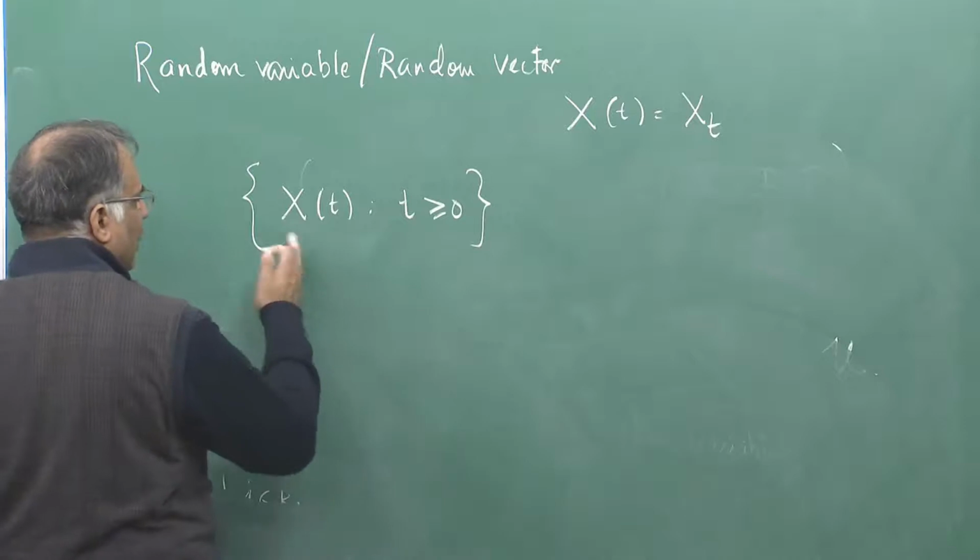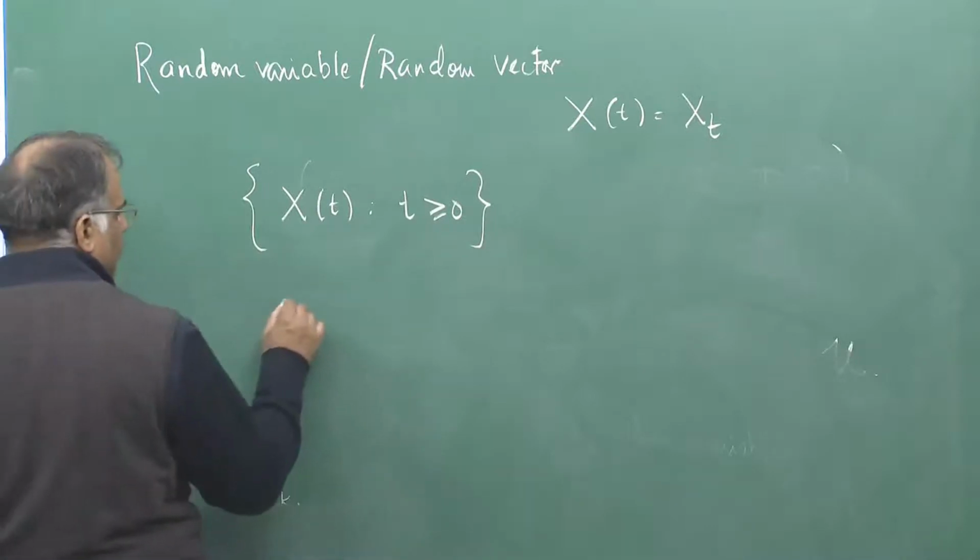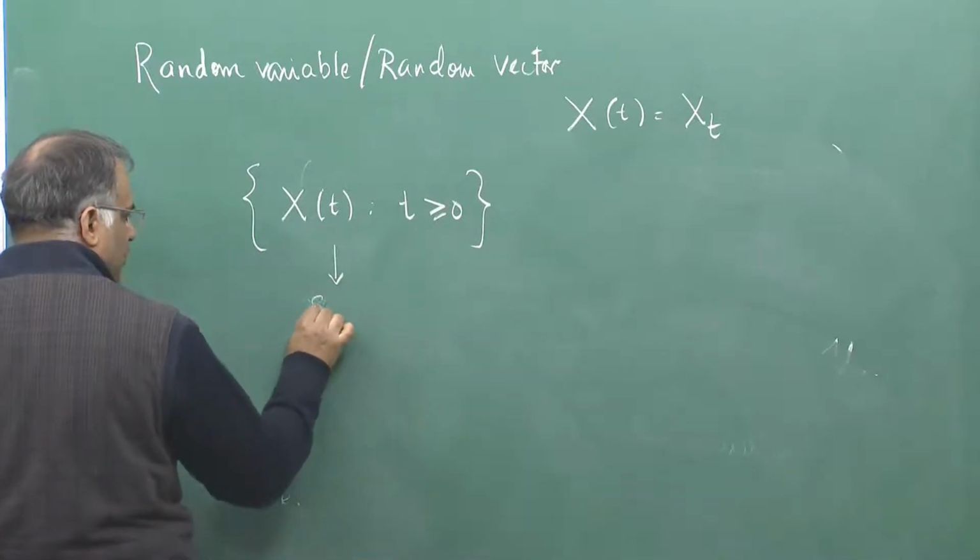So, this collection could be infinite of course, or it could be finite also. This is called a stochastic process.